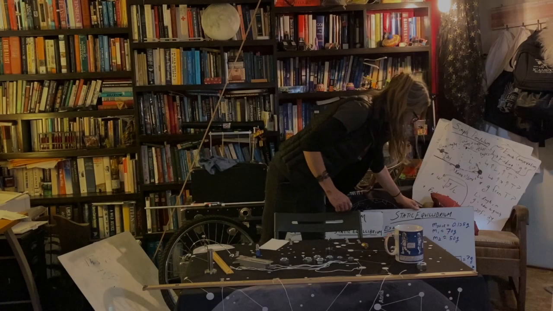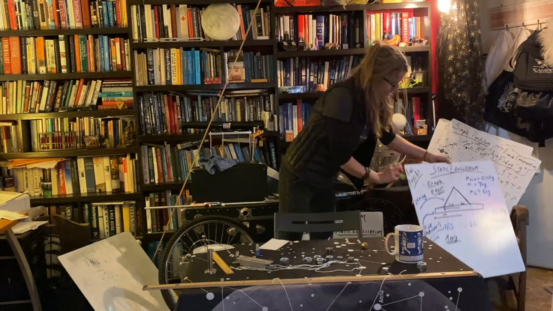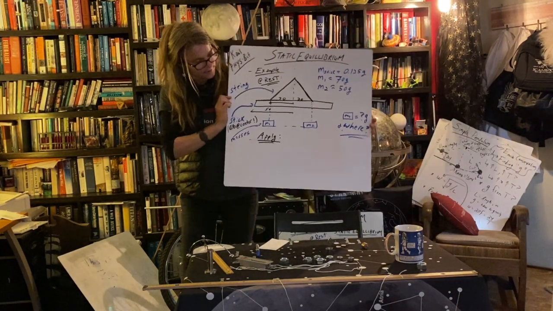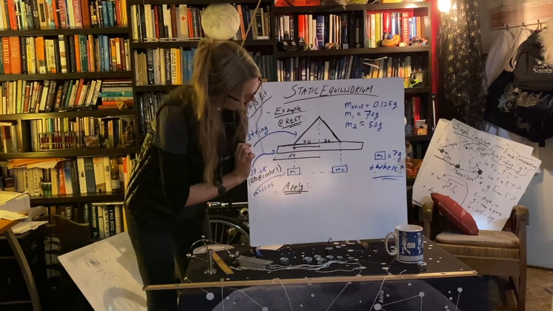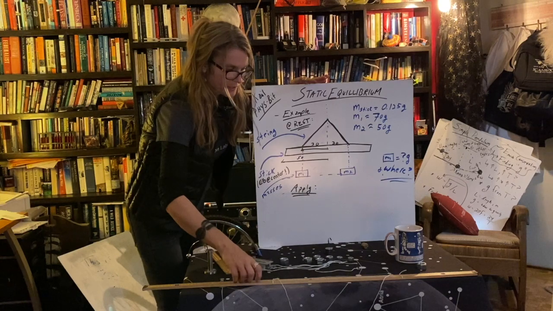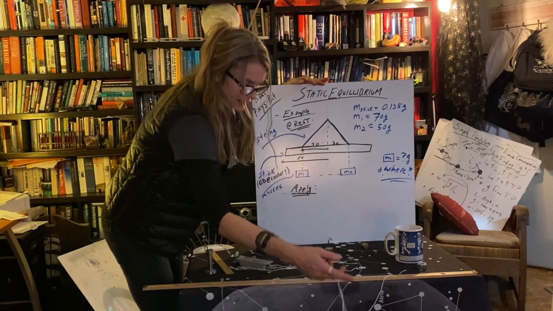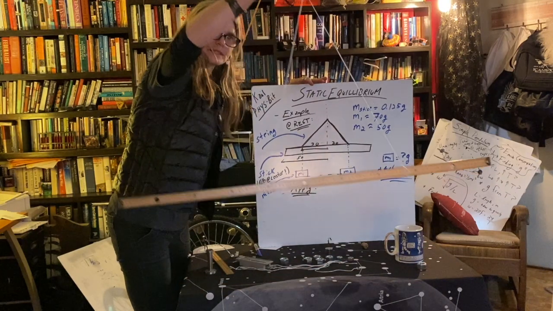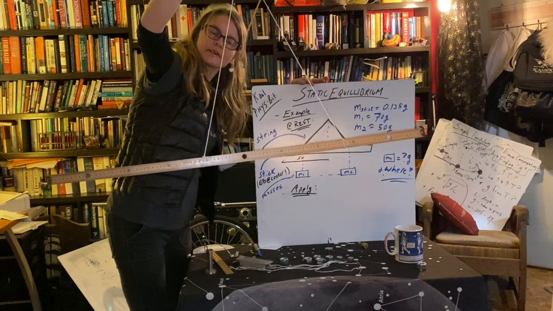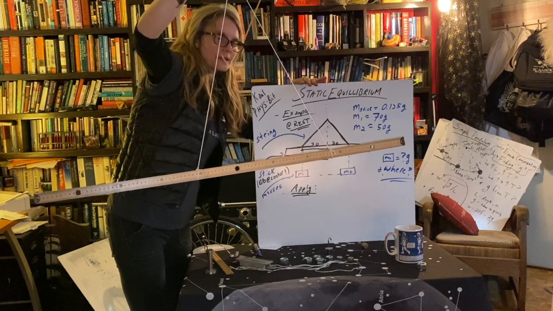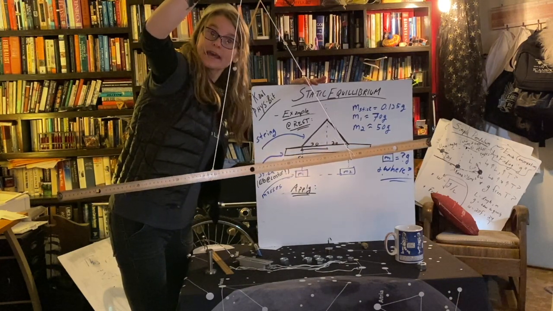Look at suspending a measured stick, such as a meter stick, and we're going to suspend a bunch of masses from it. So here we have our stick, and what I'm trying to do with this stick is make an equilateral triangle between the two strings and the parts at which they're attached.